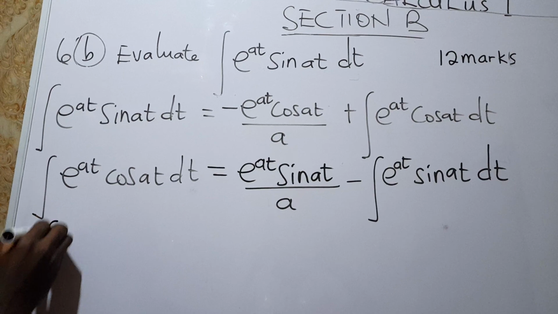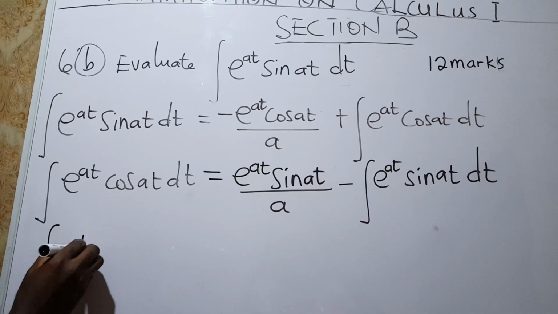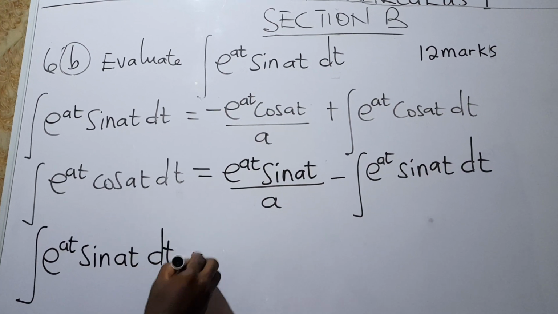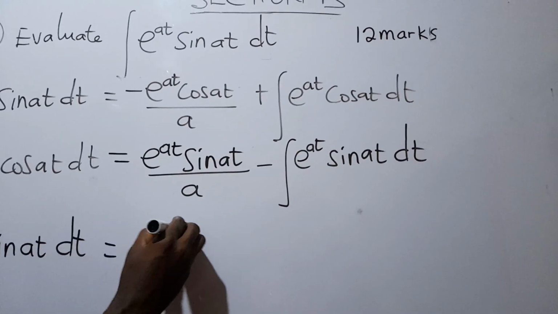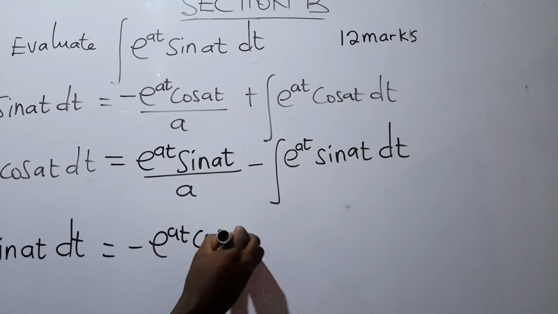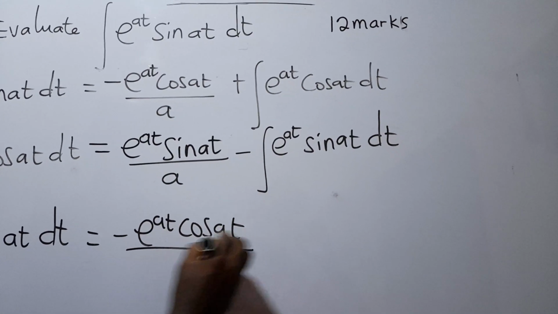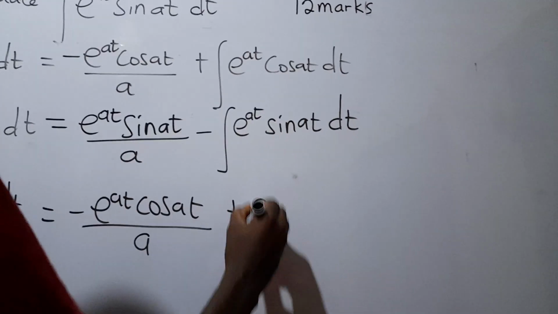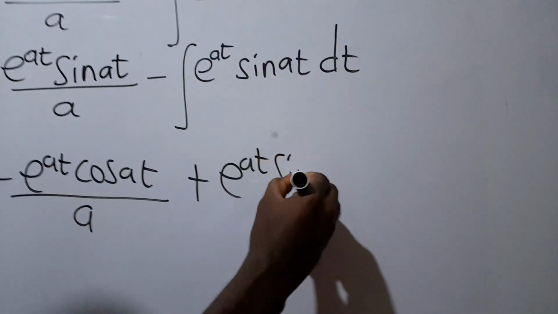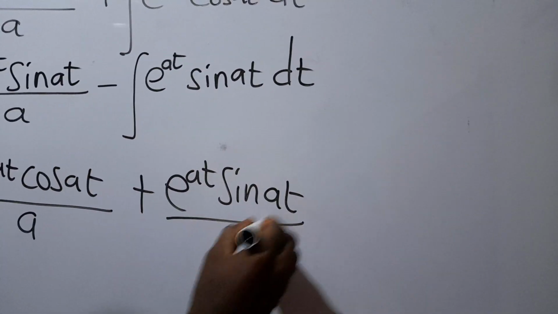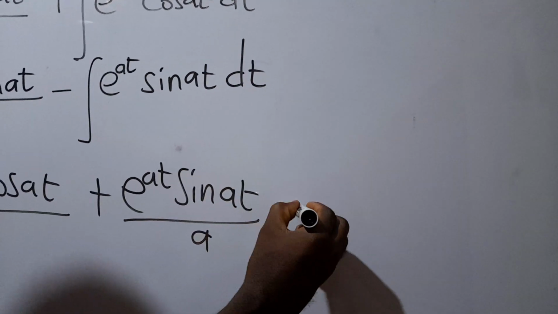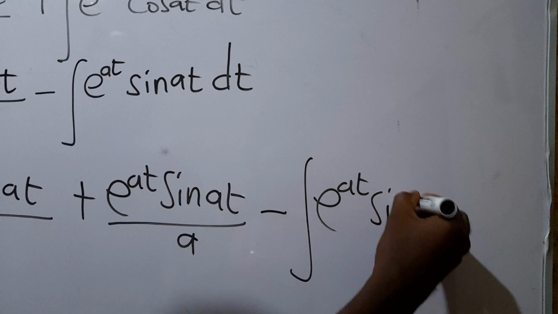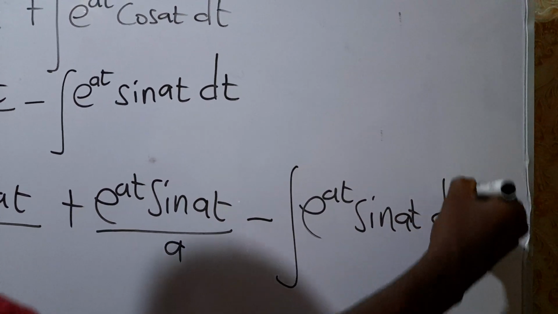So we can say that the integral of e^(at) sin(at) dt will be equal to negative e^(at) cos(at) over a. Then in place of this, we substitute this. So plus e^(at) sin(at) over a minus the integral of e^(at) sin(at) dt.